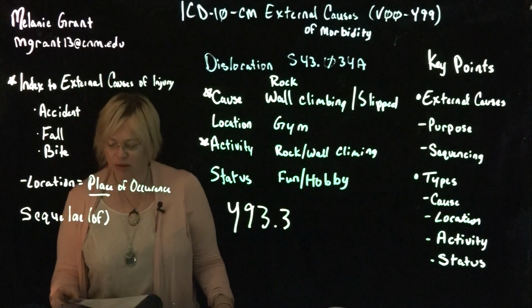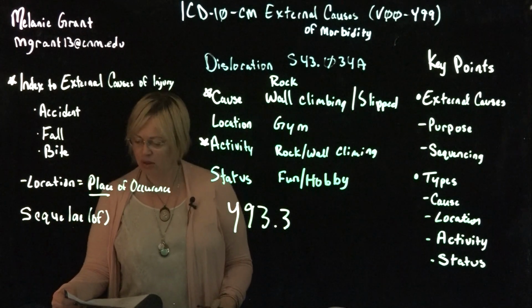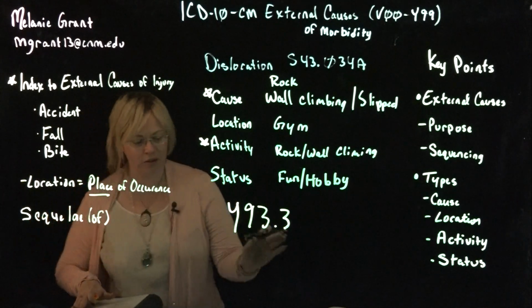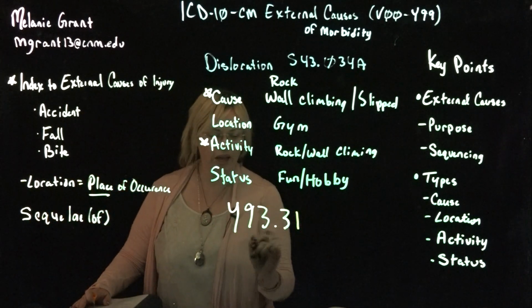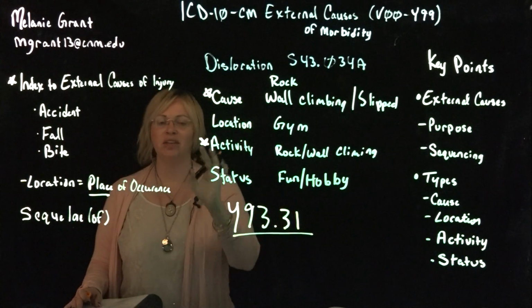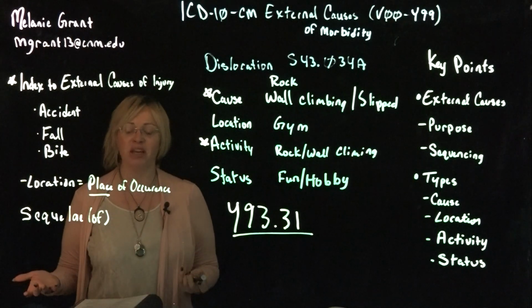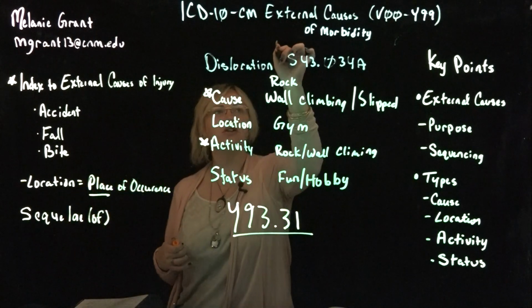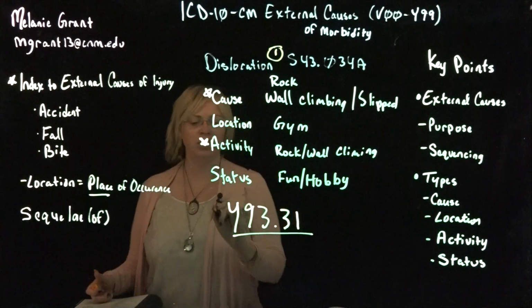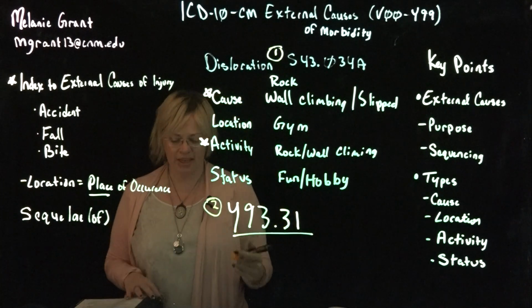And in this case, the wall climbing or rock climbing is exactly what we did. So I'm going to select Y93.31, okay? And that's my code. That tells me the cause and the activity because they're both the same. And so I've identified how this patient was injured. So I have first the dislocation, and then second, the cause and, in this case, the activity.